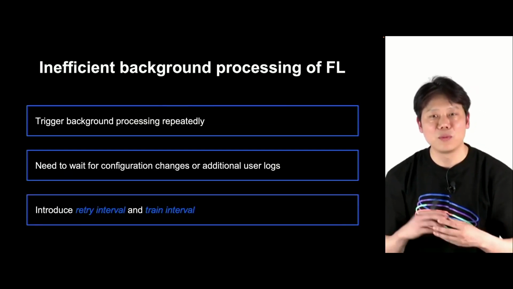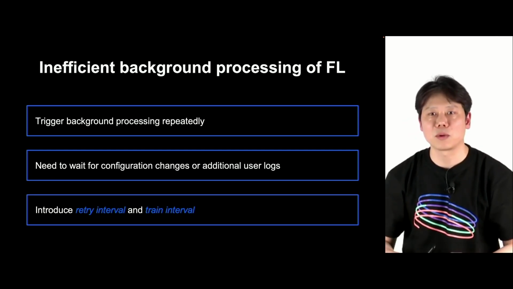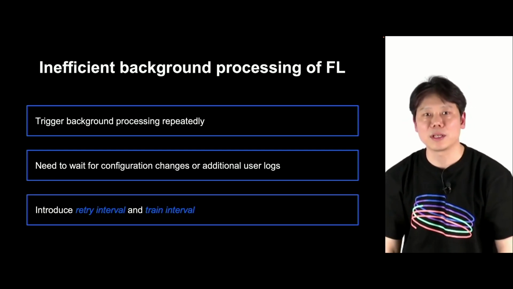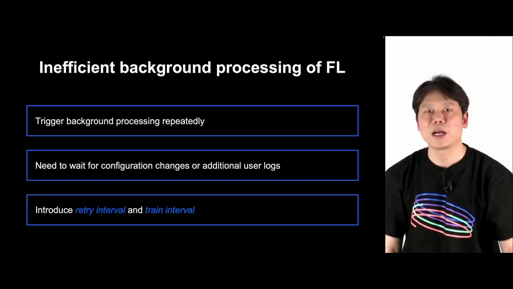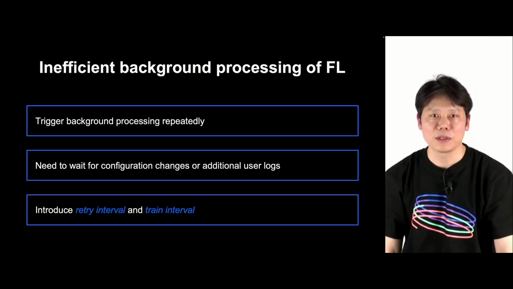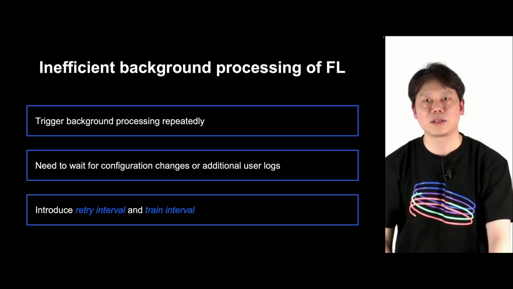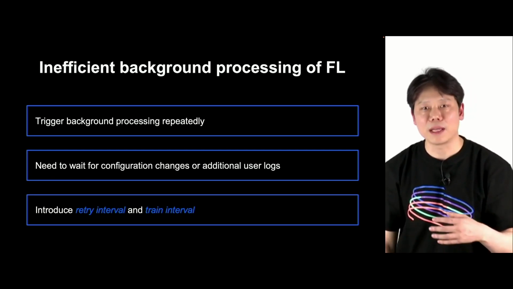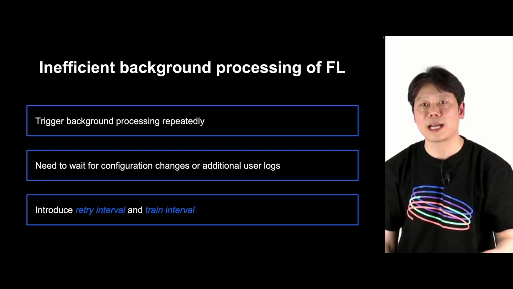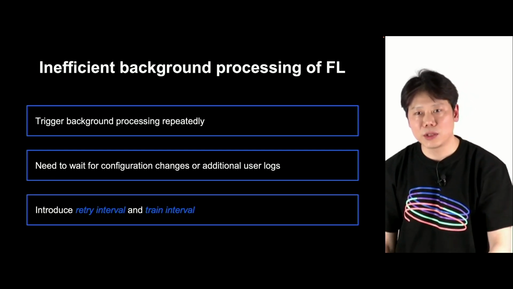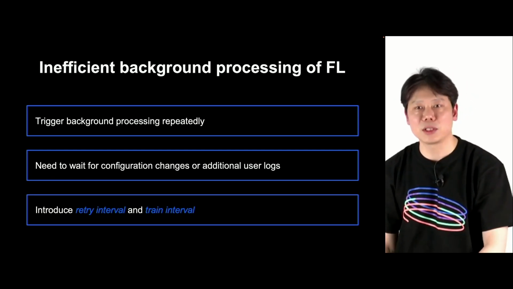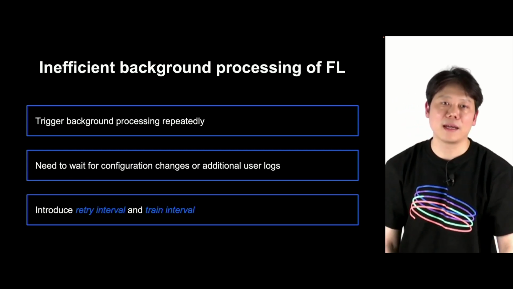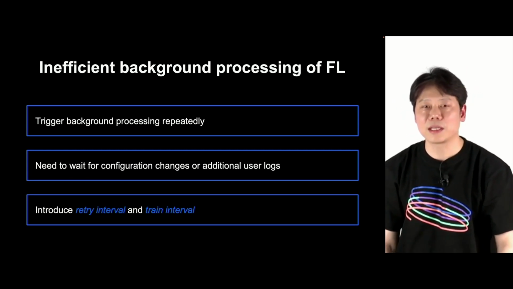If the conditions for learning are not met, then the unnecessary background process could be executed repetitively. To prevent this from happening, we have created time configurations such as retry interval and train interval. If the model learning conditions are not met, then training is attempted after the retry interval.